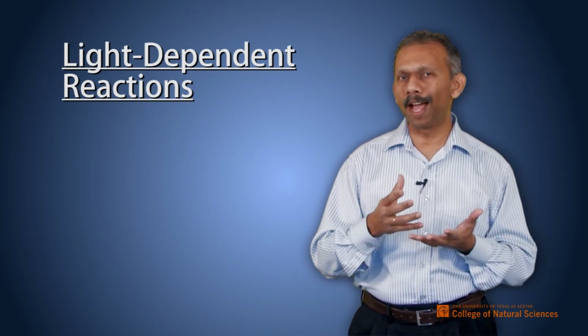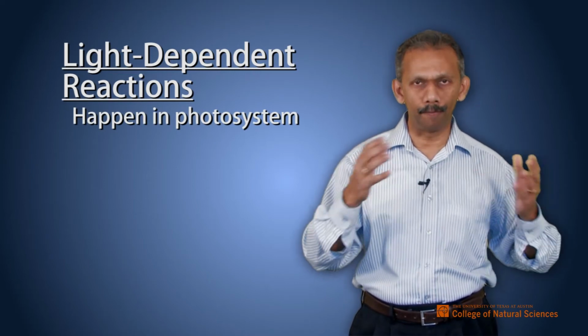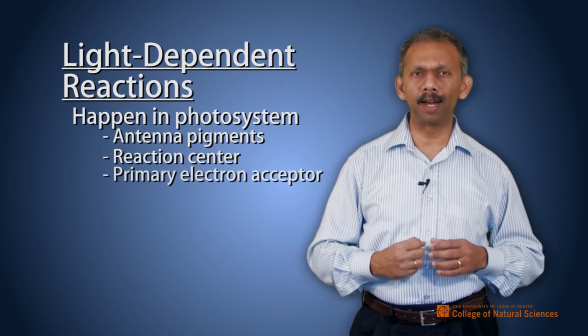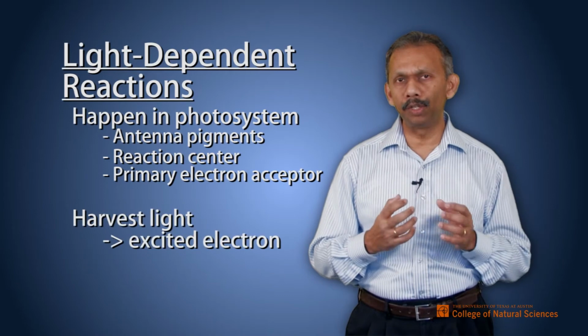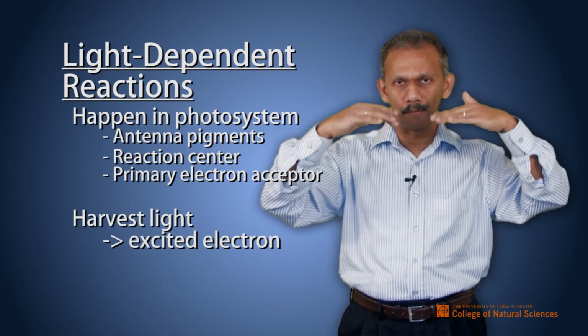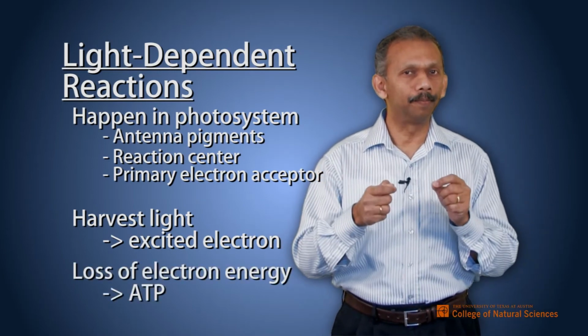The light-dependent reactions happen in the photosystem, which is comprised of antenna pigments, a reaction center, and a primary electron acceptor. That photosystem harvests the light energy and converts it into the form of excited electrons. They go up in energy level and drop down in energy level, which is utilized to make ATP.